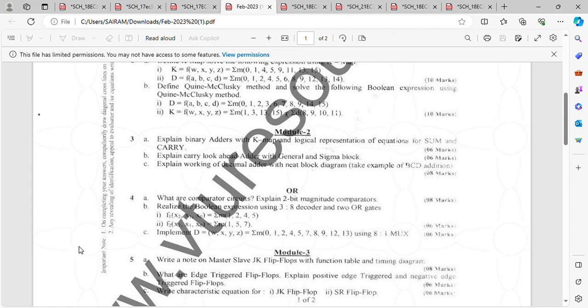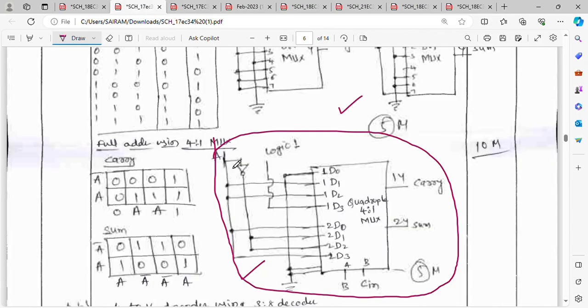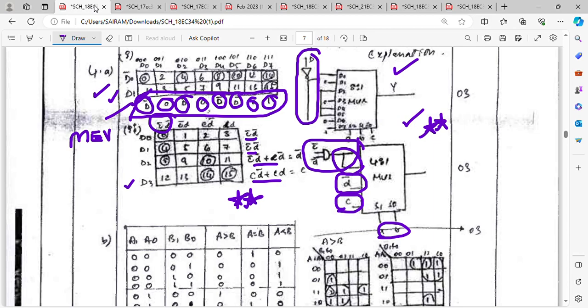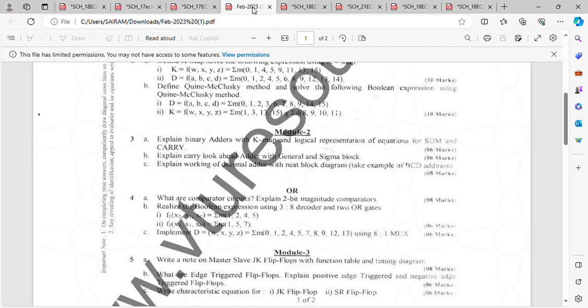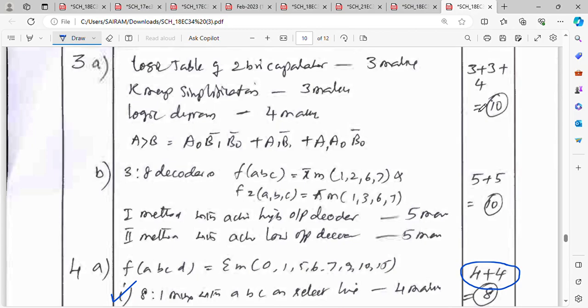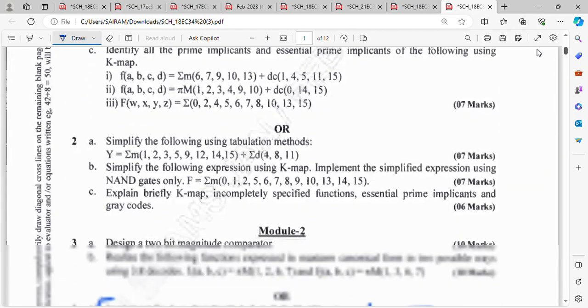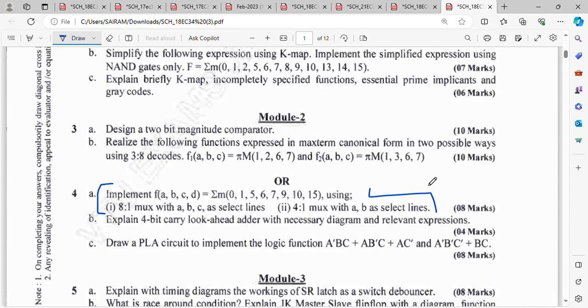Okay. Now, which I told you, not this. Not this. Huh, this paper. I told you in this paper to work it out. Try this question at home. Take a screenshot.